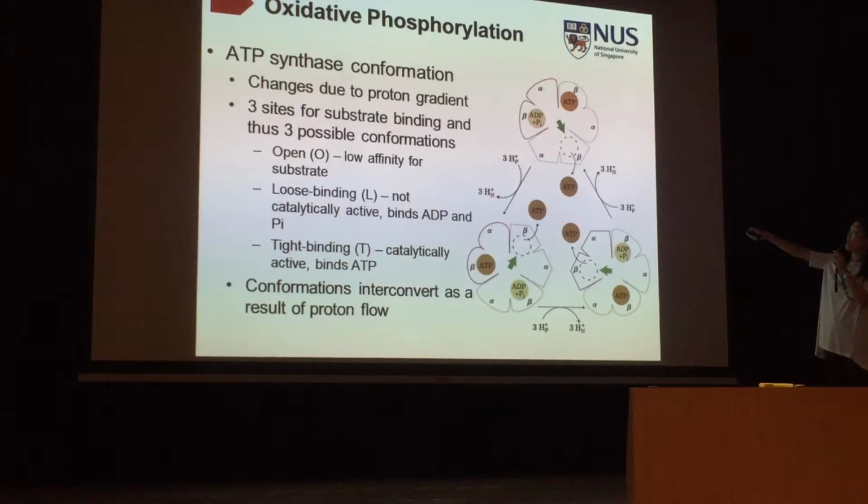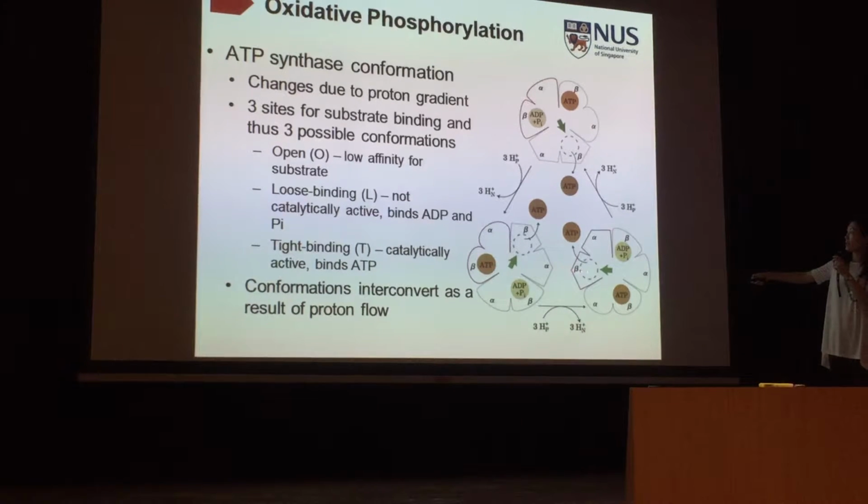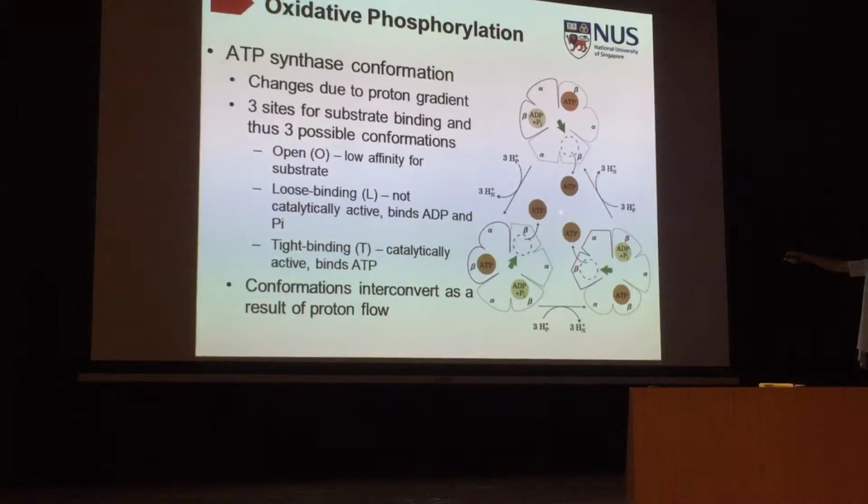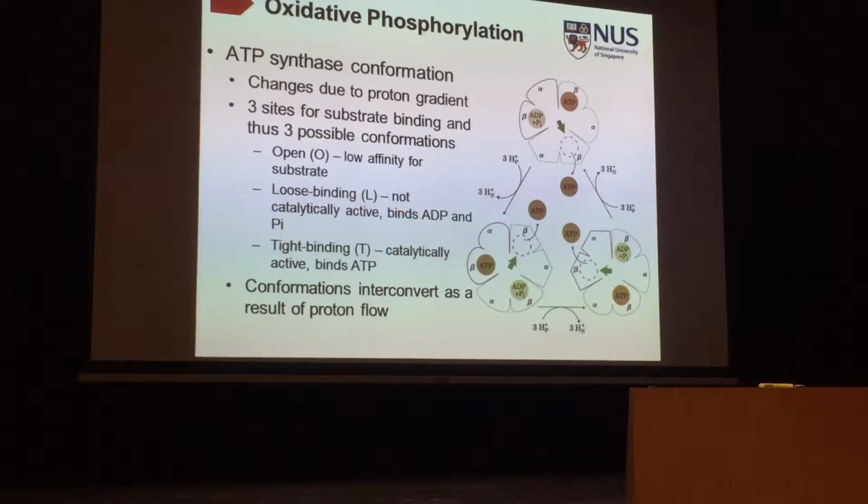That's why you see the raw products now being changed to ATP. And once this is done, another rotation of the shaft kicks this ATP out, back into the matrix. So this is how the F0 F1 synthase works to produce ATP.